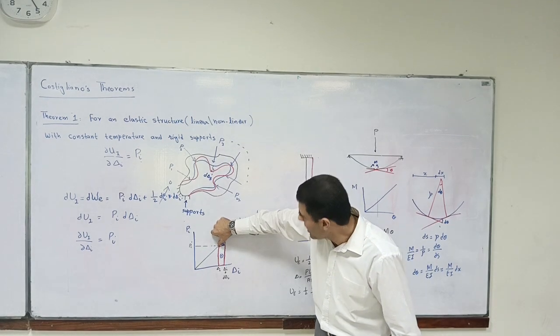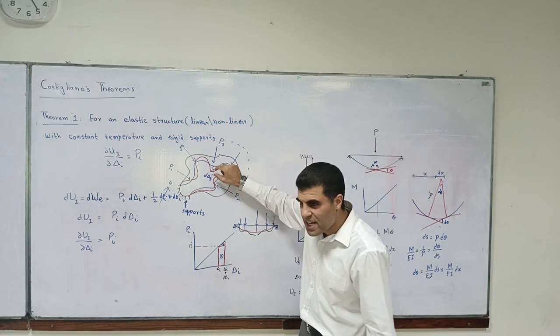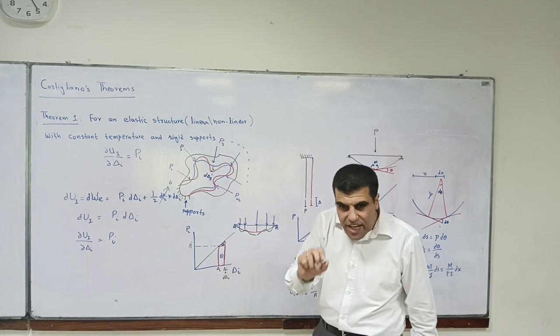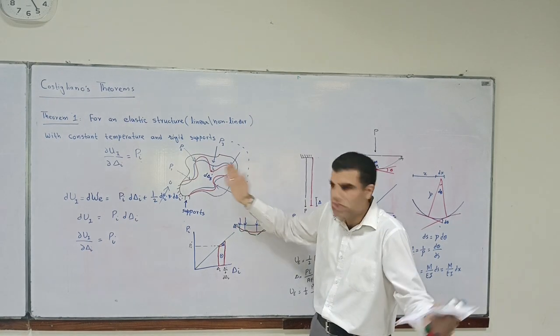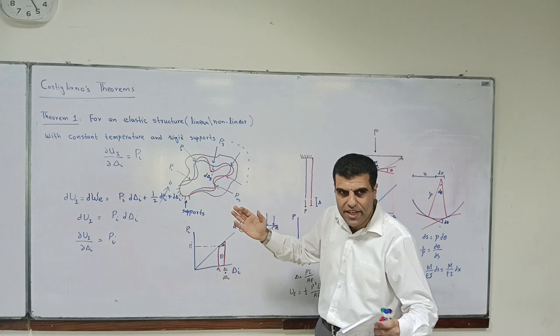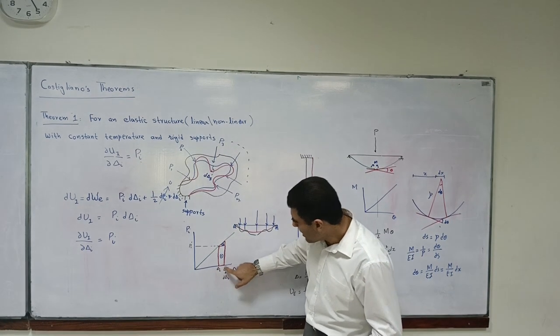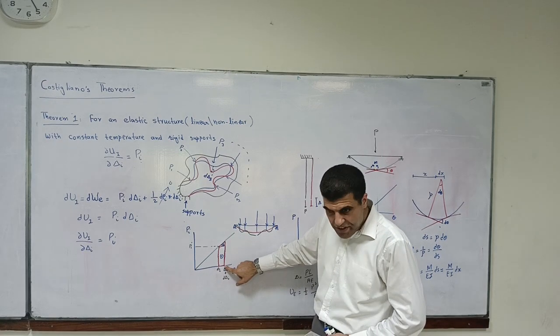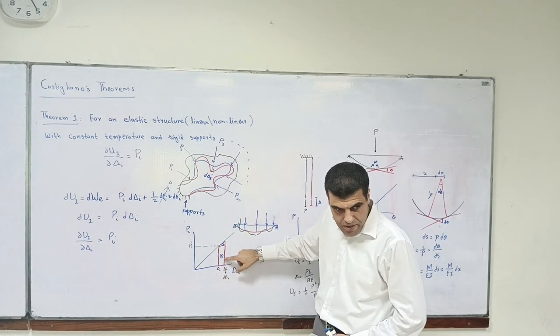Now, from this point onward, I slightly incrementally increase the deflection under any load of interest, which I call Pi, P3, or whatever you want to call it. I slightly increase that, so I go differentially ahead. That is a trapezium which I get.